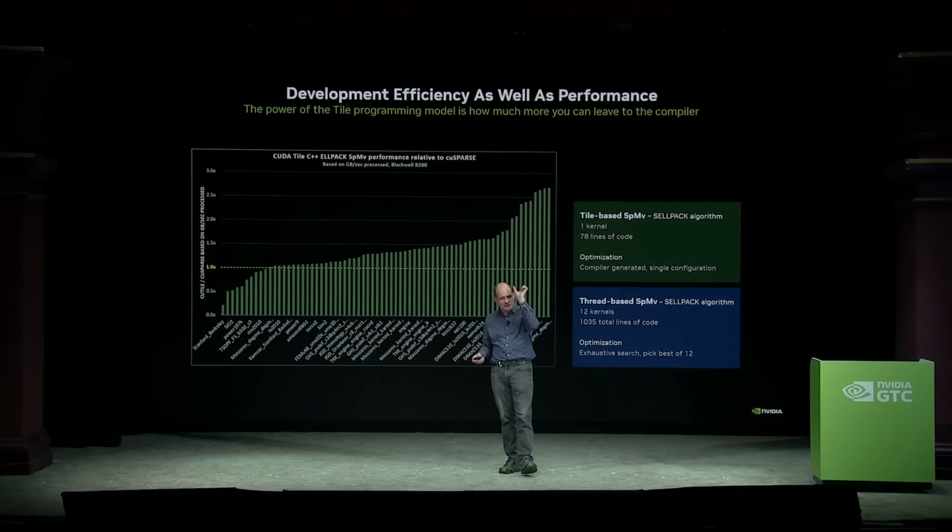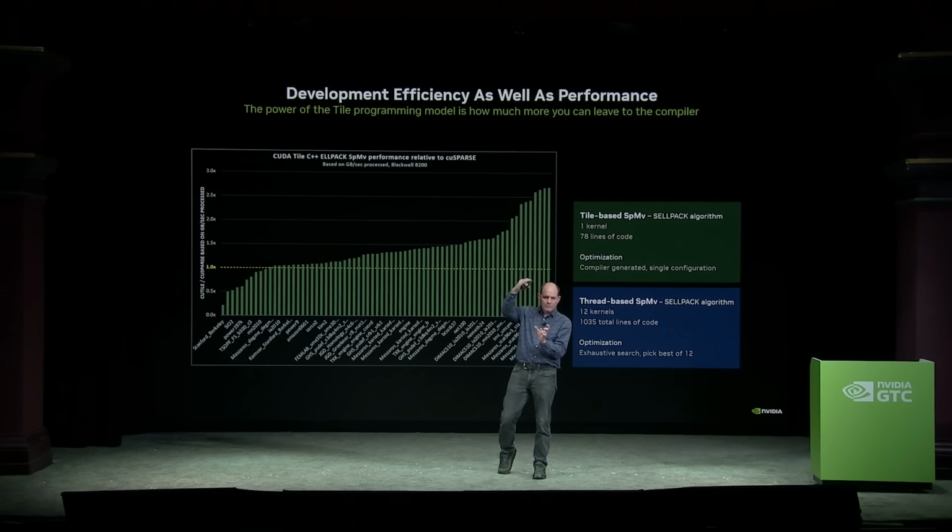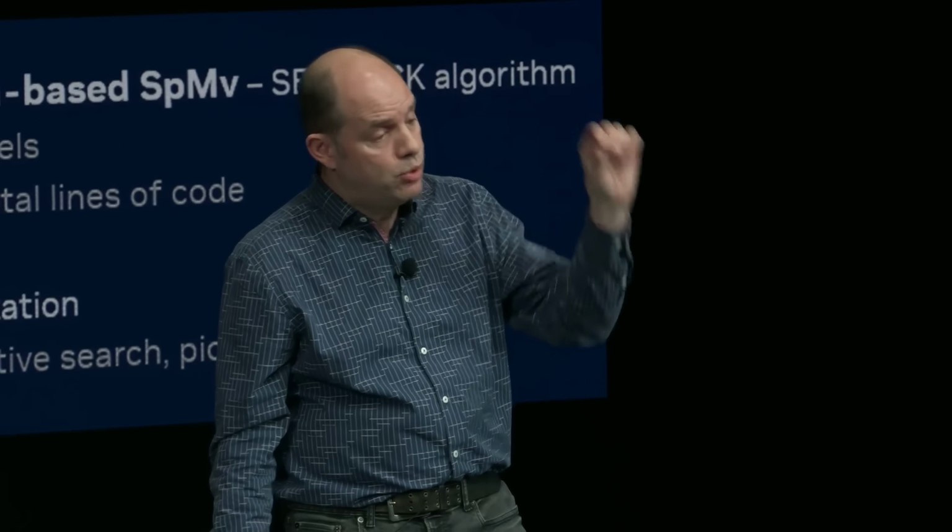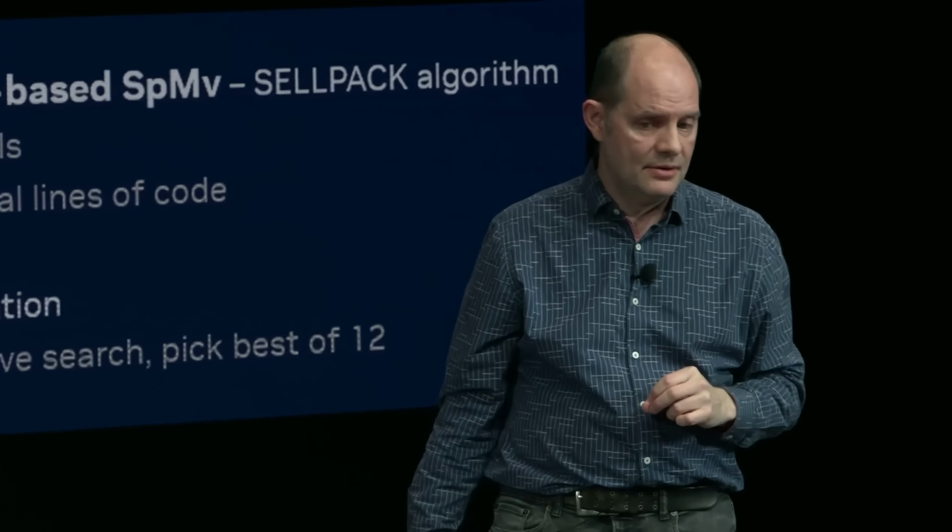That is the power of that compilation stack I was telling you about, the ability to target a compiler when your problem can be mapped onto it. The compiler can do so much more for you. Everyone would rather maintain 78 lines of code than 1,000 lines of code. You'd all like one algorithm that maps, and not only that, is portable between architectures. Right? So this is actually a really powerful thing that we found.